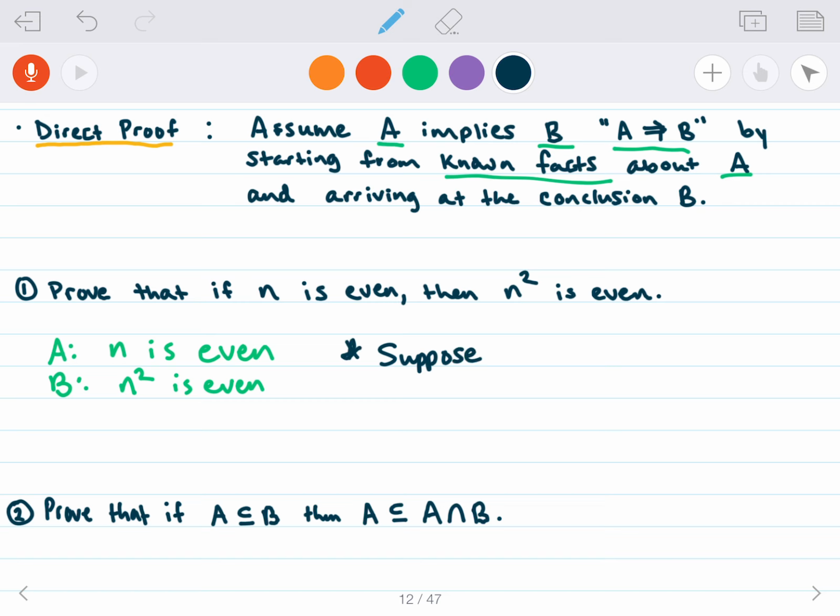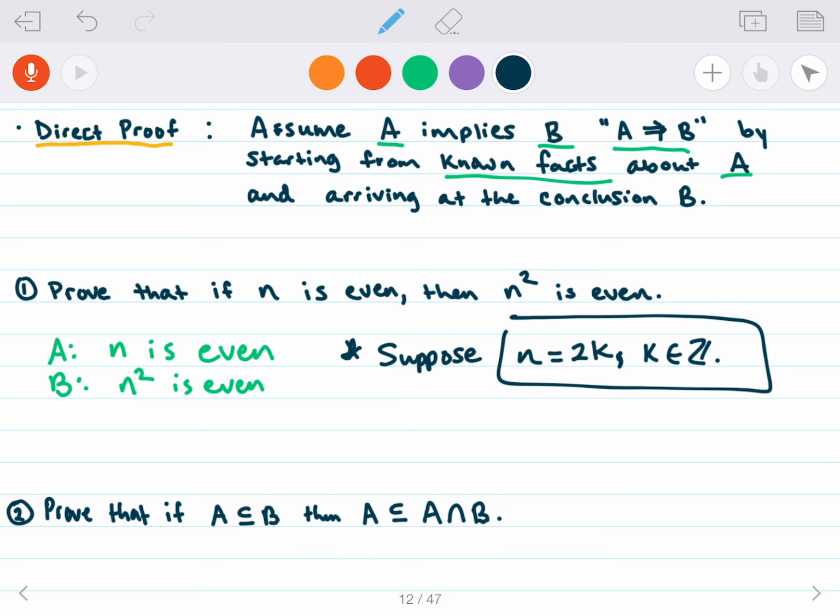That's the premise. We're trying to show that A, meaning n is an even integer, implies B. And k can be any integer. That's what it means to be an even integer: n is equal to 2 times some integer. So that's where we're starting.